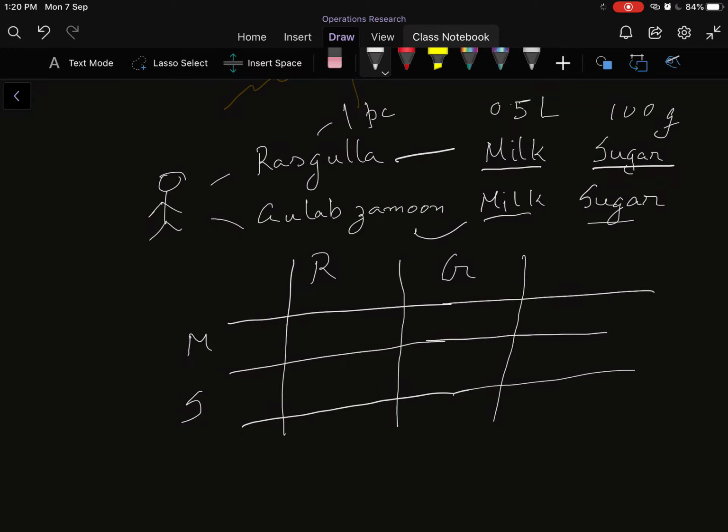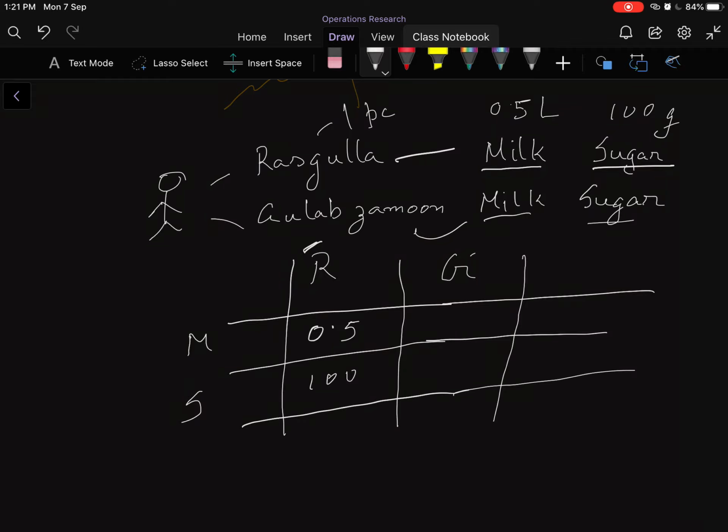So if we just consider the numerical values, then for making one rasgulla, the person would require 0.5 liters of milk and 100 grams of sugar.